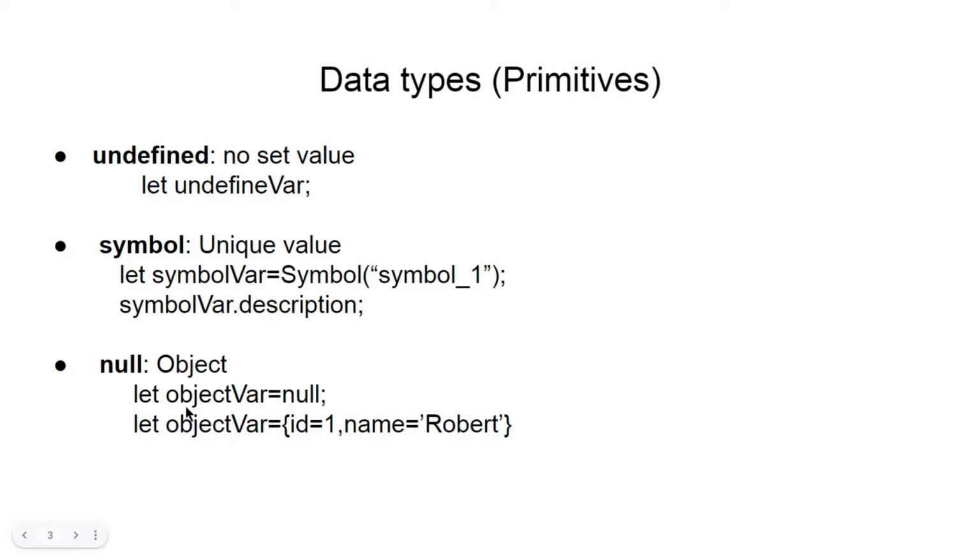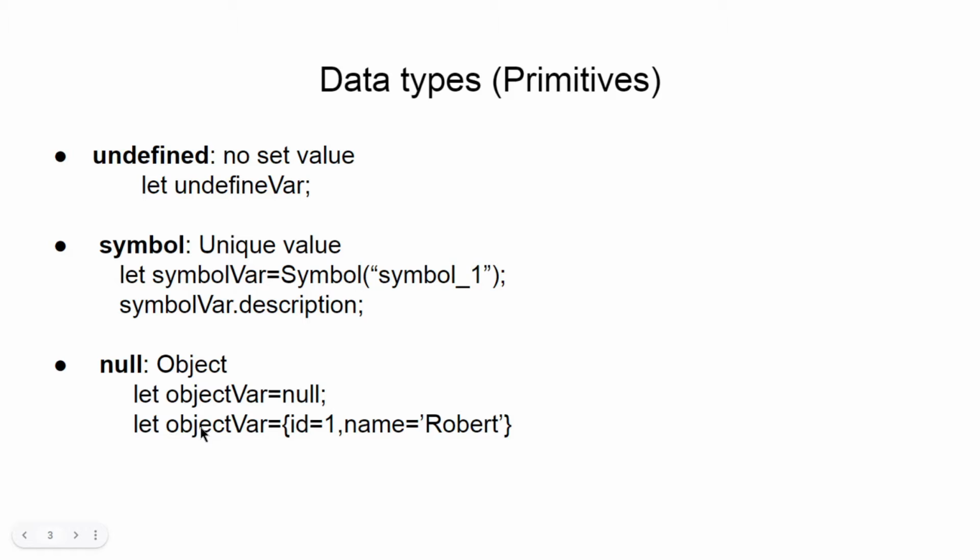If you want to set a specific object, like in this case, this is an object with two values, the ID and the name. In this case, it is Robert. The variable is getting that specific object, and is going to point to this object, and the object is going to be accessed by this variable.